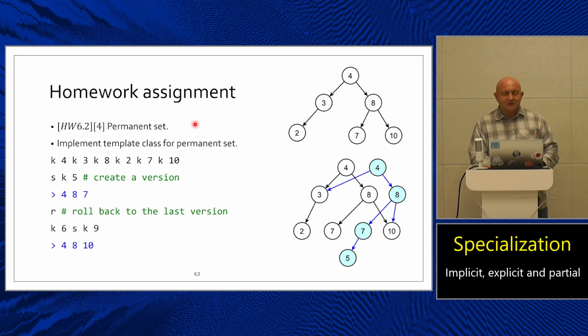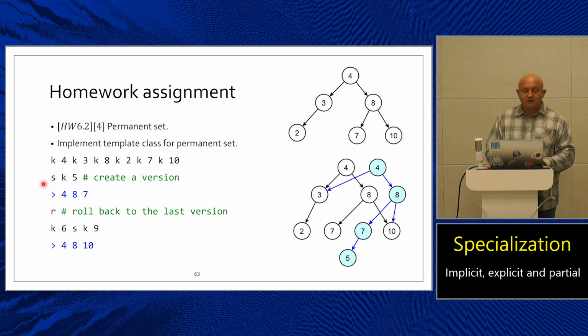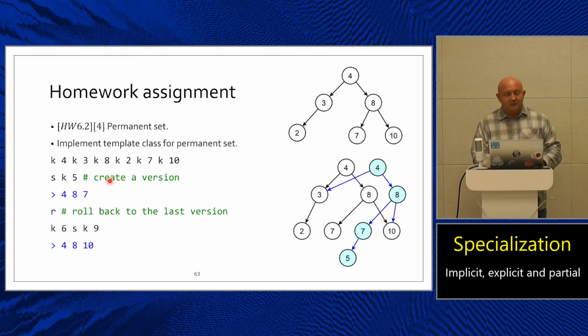And the second homework assignment is writing a persistent set. Refer to the great book of Cormen on algorithms where this persistent set task is explained. I just note here that this is input from the student, like cin, and this is adding a key, and you're adding a key just to a search tree without balancing, and this as command creates a version, and you're supporting only one version at a time, and this rollback command rolls back a version.